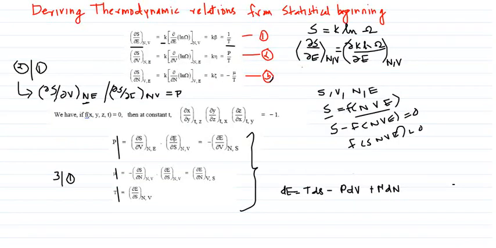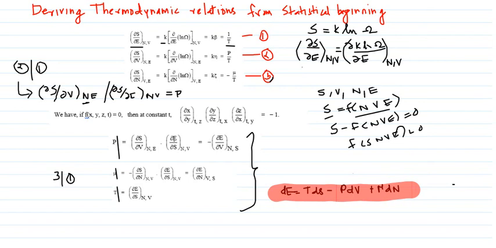Now let us derive the thermodynamical relations from a statistical beginning. Okay, so the question here is we have the first law of thermodynamics, this one, and from here you can partially differentiate and get many equations, right?